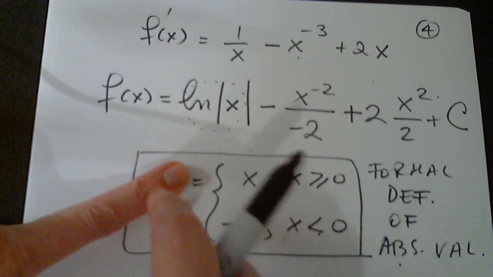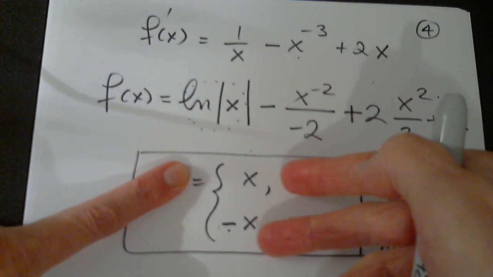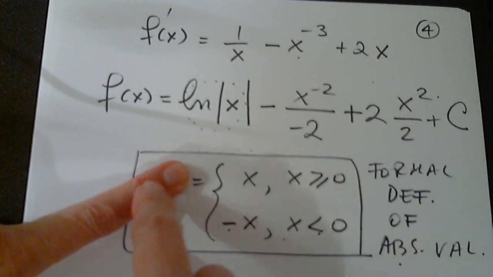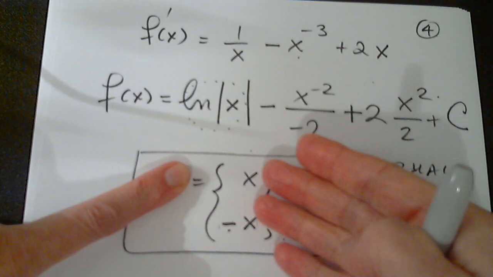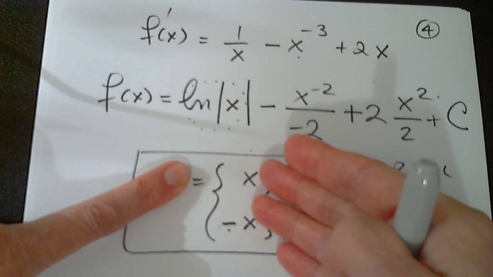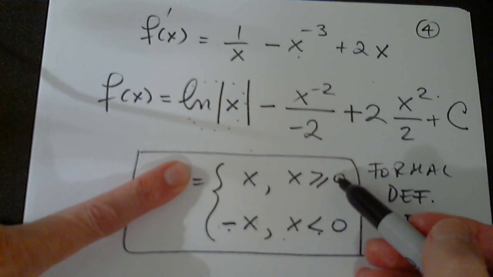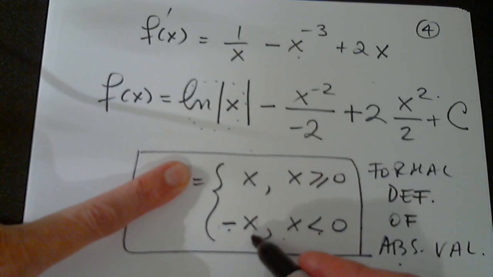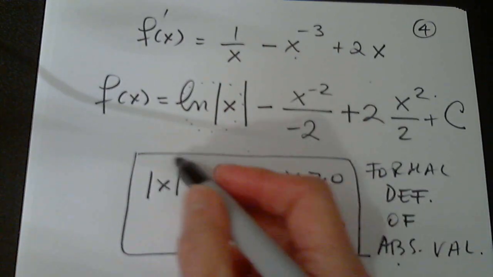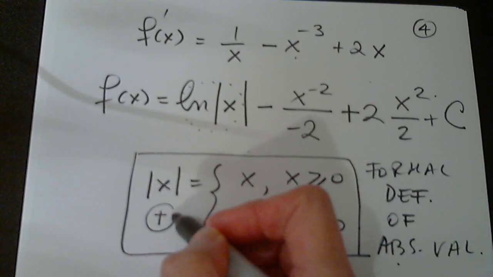This is a complicated situation. It has two different options. So every time we see this, we normally change it into what it equals to. Either positive x or negative x. Positive x when x is positive, but negative x when x is negative, because the result has to be positive at all times.